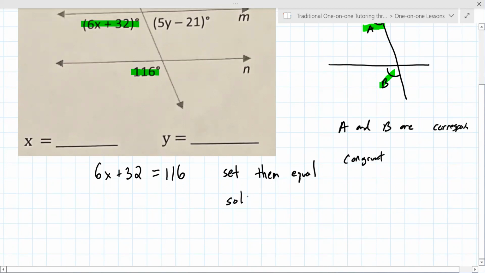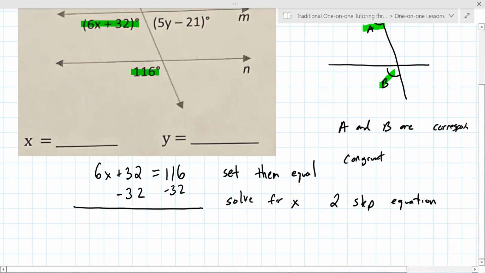So this is a two-step equation. We did a bunch of those over the summer. Do you undo multiplication by 6 or addition by 32 first? Addition by 32. Okay, so you undo it by subtracting 32 from both sides of the equation.